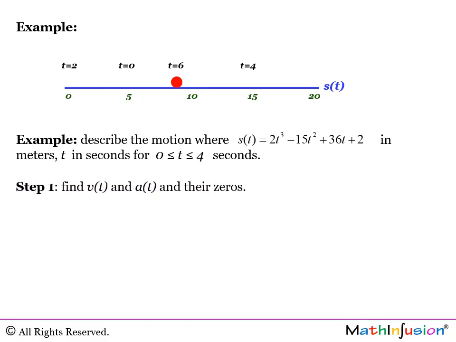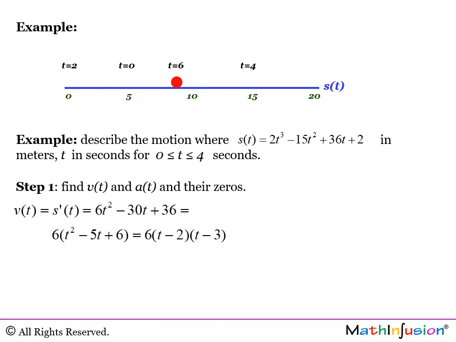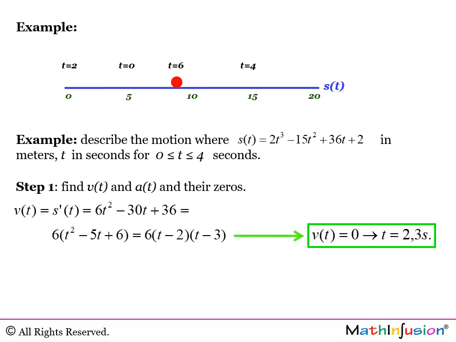In step 1, we will find the velocity v of t and the acceleration a of t and their zeros. v of t is the derivative of s of t, and we should write this as a product of terms, and we get 6 times t minus 2 times t minus 3. It is 0 at t equals 2 and 3 seconds.